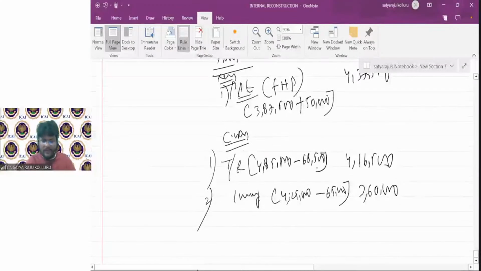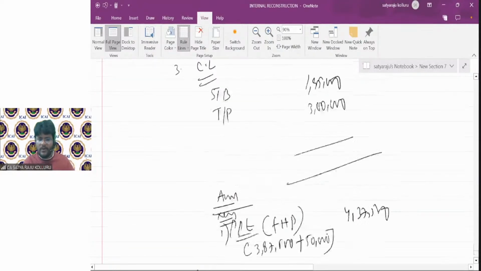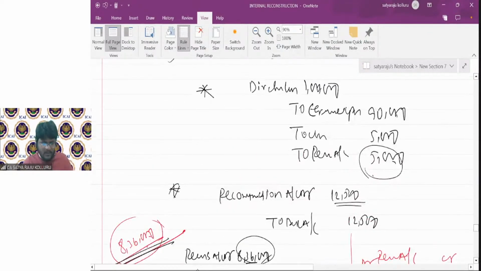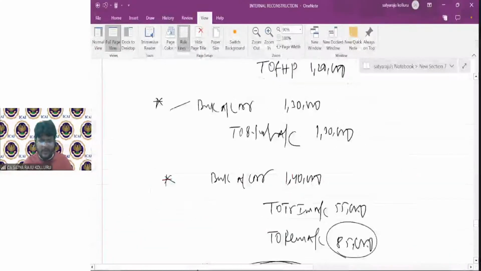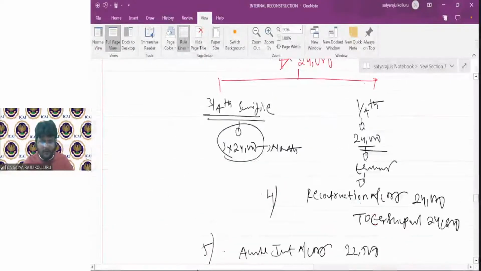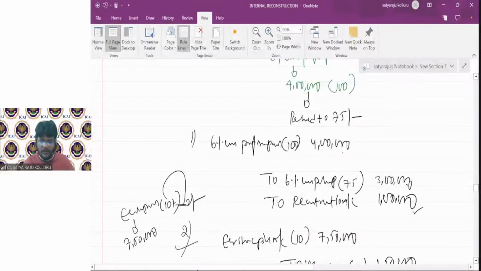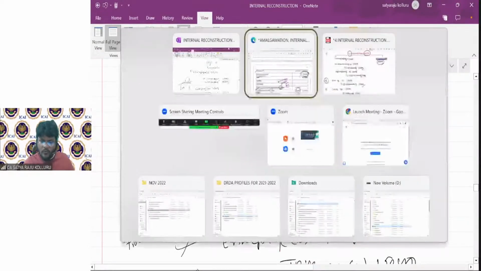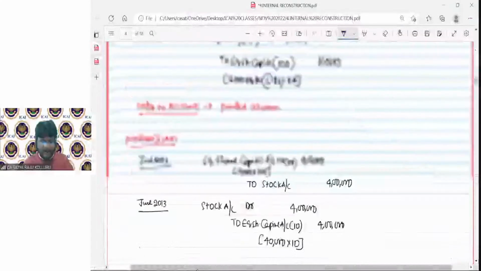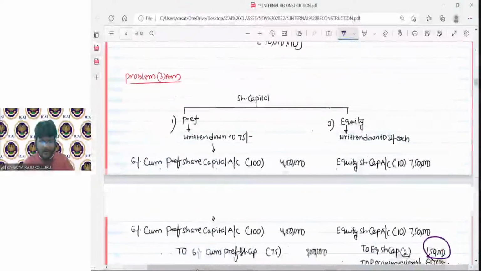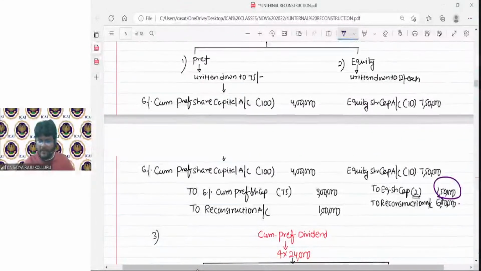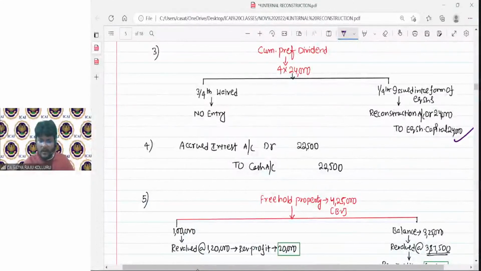Next one thing, cash and cash equivalents we need to consider, because certain cash involvement is there. In the balance sheet, there is no cash given. From the first entry onwards, you need to check what the cash impact is. Go to the PDF. It will be clear here. Sir, in the first entry, there is no involvement of cash. Second, no cash. Third, also no cash.